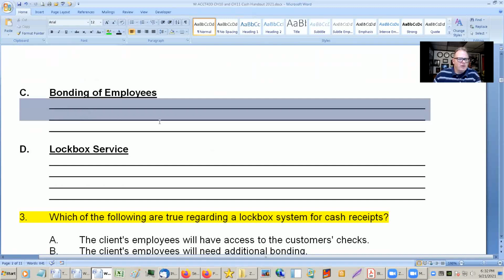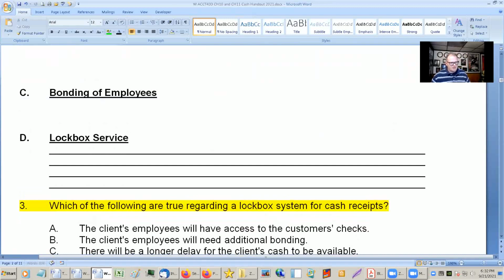Okay, bonding employees. These are done for people in financial positions. If you ever had a job as a cashier, they probably bonded you, or a lot of places do anyways.